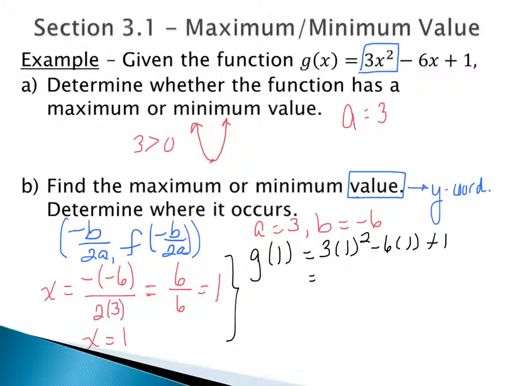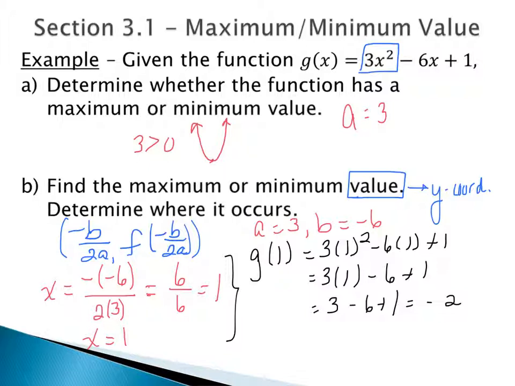Working through that, 1 squared is 1, so we have 3 times 1, minus 6 times 1 is 6, plus 1. So we have 3 minus 6 plus 1. 3 minus 6 would be negative 3. Negative 3 plus 1 would be negative 2.